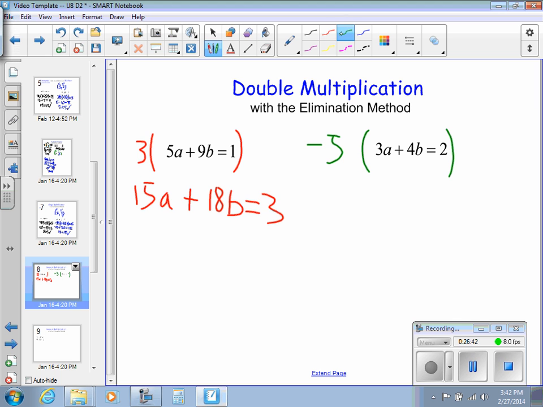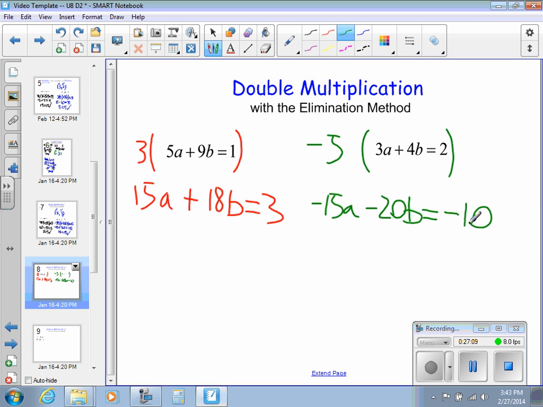And over here, I now have negative 15a minus 20b equals -10.